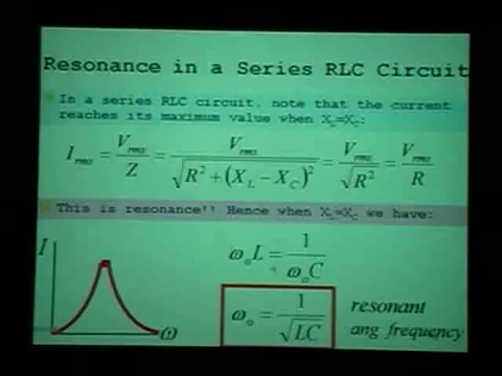Now, if the two reactances are equal, then omega L would equal 1 over omega C. And solving for that particular angular frequency, we have that the angular frequency is equal to 1 over the square root of inductance times capacitance, which is our resonant angular frequency. We will have a resonance in this AC circuit when the angular frequency is equal to 1 over the square root of L times C.